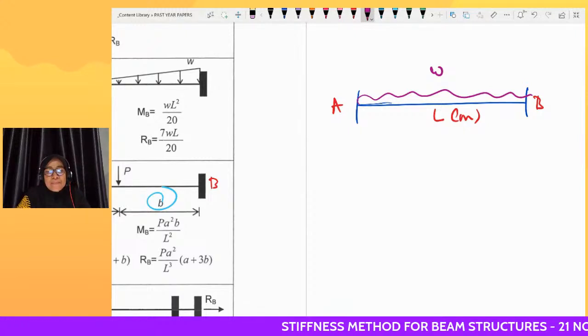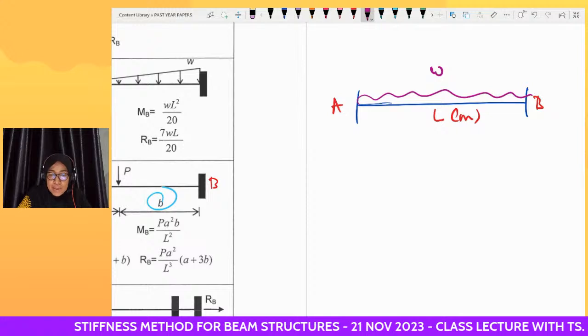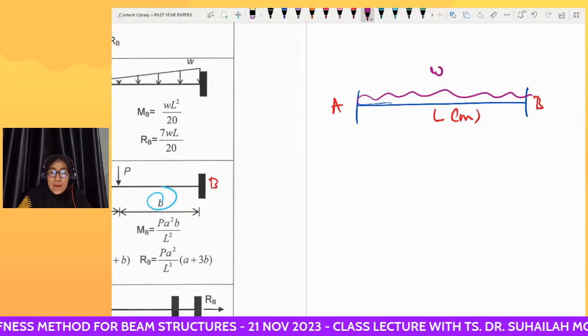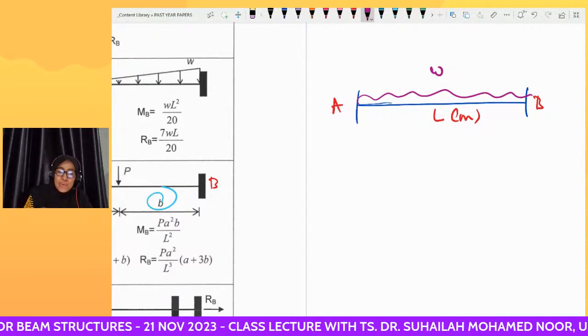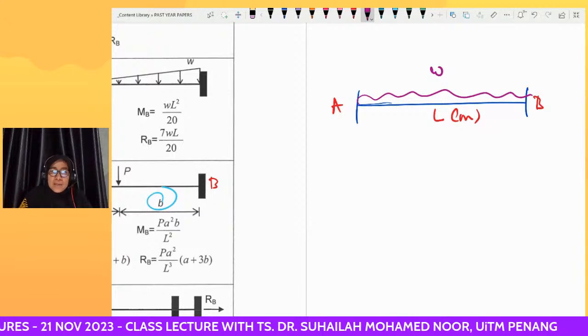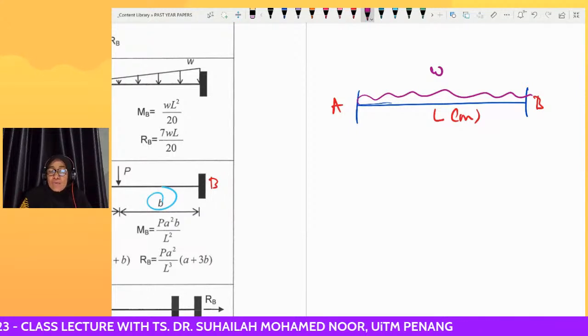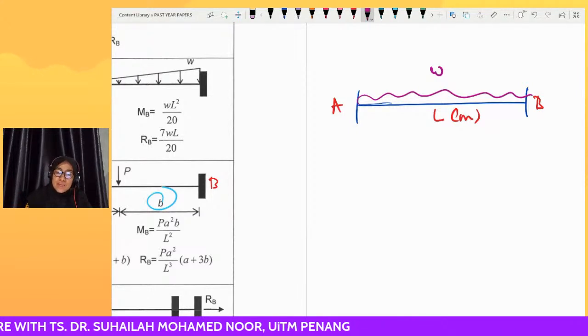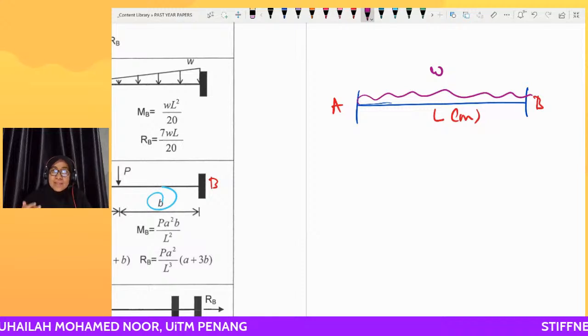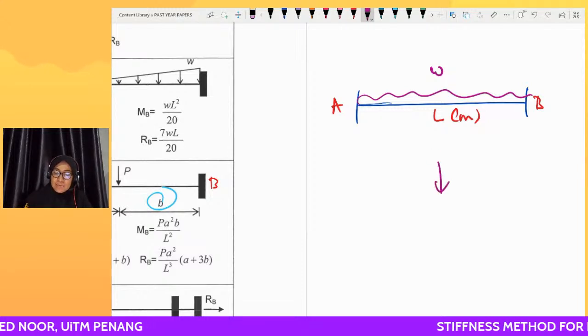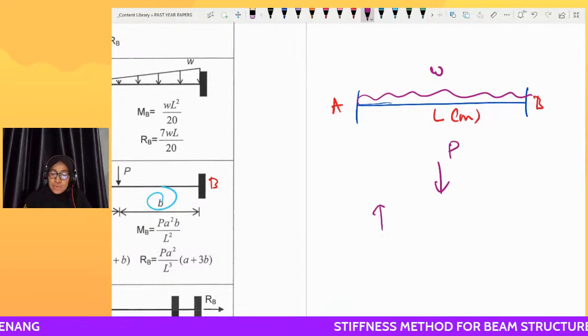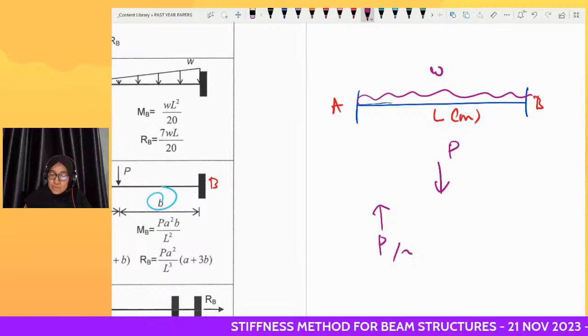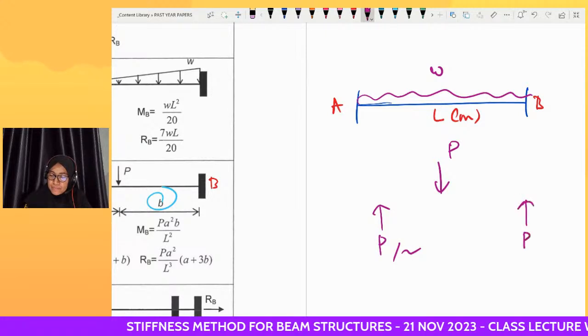Always remember that the system must be in equilibrium. So we will get the vertical reaction as WL over 2, because we can see it directly. Whenever it is P, we have P over 2, P over 2.